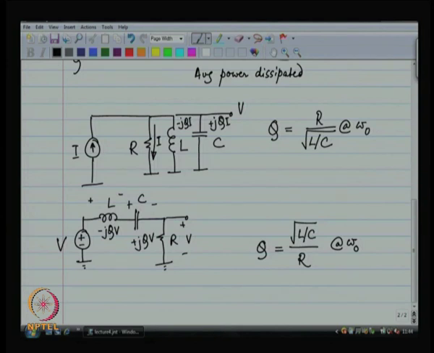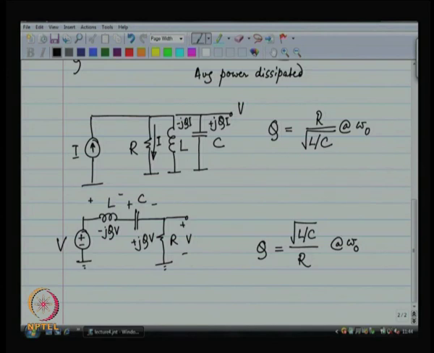you can have 100 millivolts across the inductor and across the capacitor, or you could have 1 ampere as the current source, and because your Q is 100, you could have 100 amperes rushing through the inductor and the capacitor.